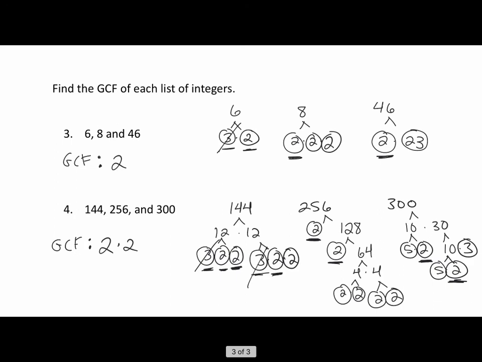Is there another factor of 2? Oh, there is no factor of 2 in 300. So I can't count that one. And there's no more factors, so those are the only possible common factors here. 2 times 2, which is 4. So the GCF for those 3 integers is 4.